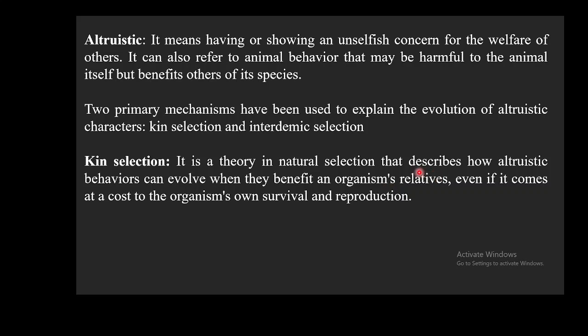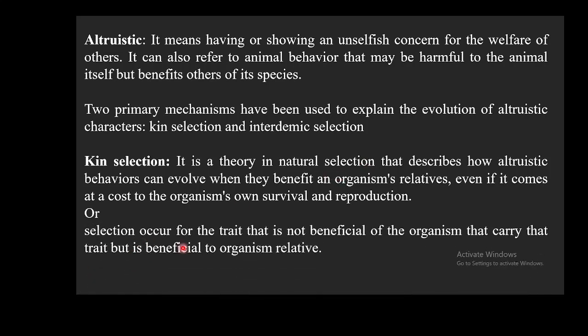It means if you have a relative, even though that particular trait is harmful to you but beneficial for the others, nature will select it, even if it comes at the cost of the organism's own survival and reproduction. So this is the unselfish concern. So selection is occurring. Why? Because it is beneficial for the others.